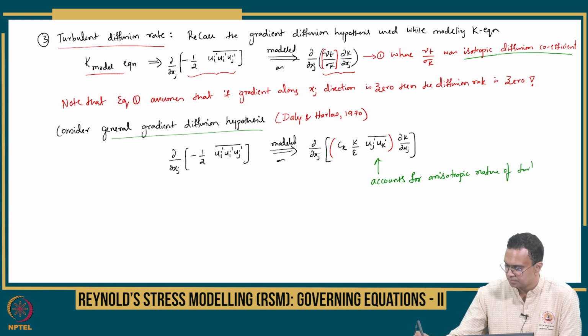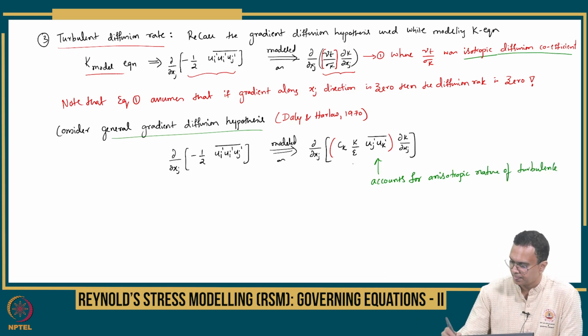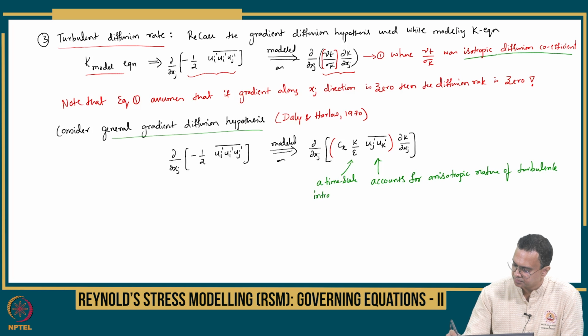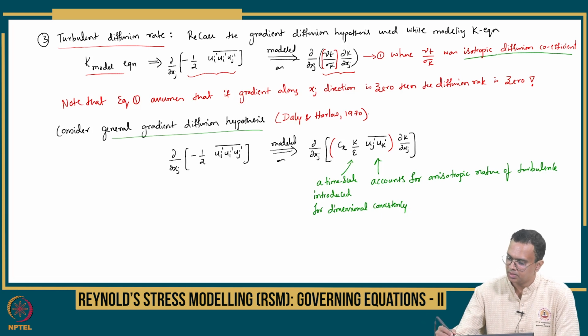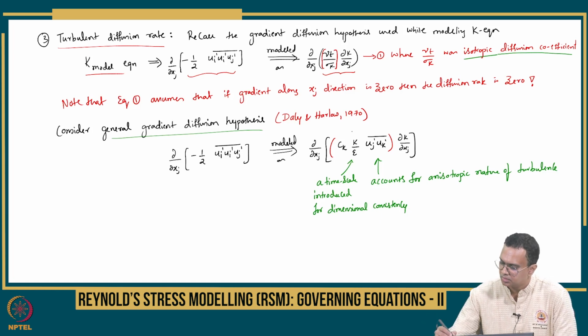Nature of turbulence, and k by epsilon is introduced for dimensional consistency, a time scale. So this particular term is what we have here.